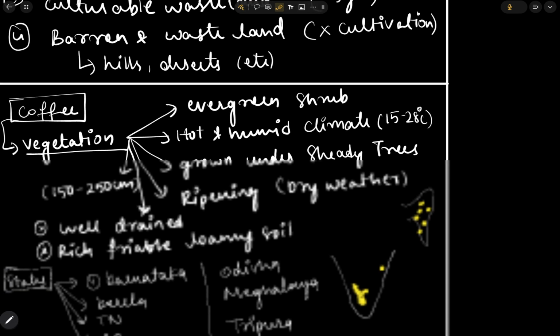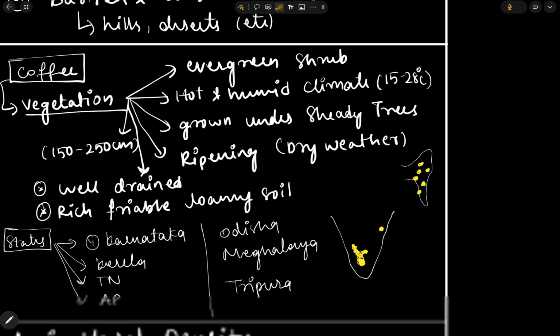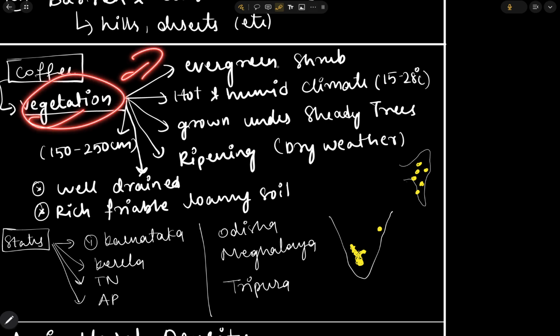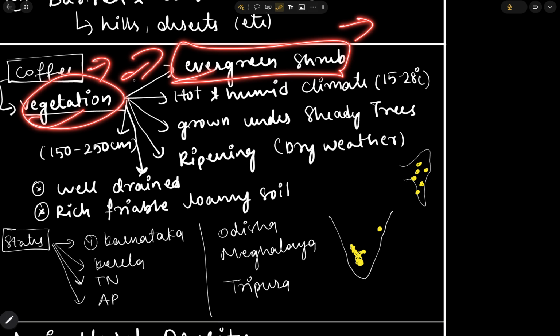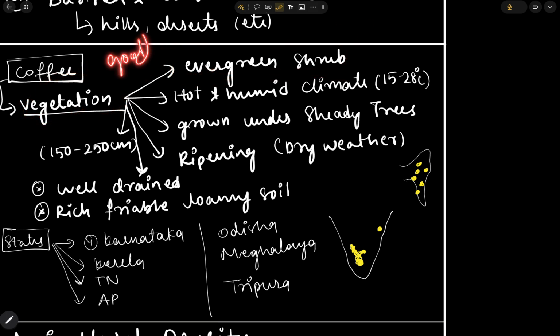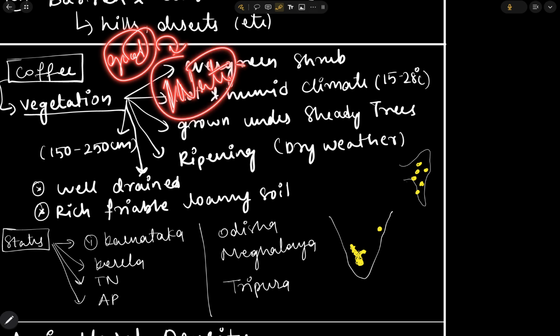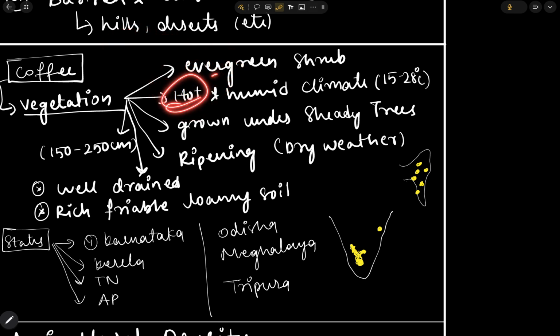Okay, next we have coffee. Coffee's vegetation is an evergreen shrub, which means it needs a very good amount of water. It requires a hot and humid climate, between 15 and 28 degrees Celsius.